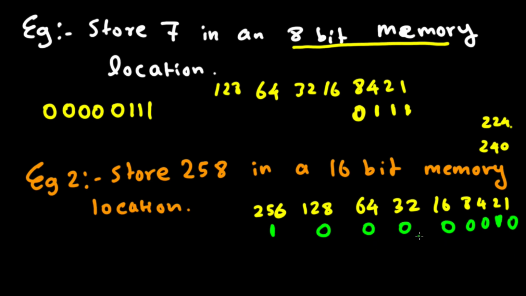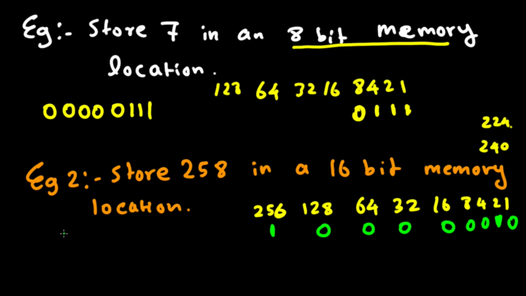Okay, so we have 4 zeros, here it's 0, 0, 1, 0, and here we have 4 zeros, 1. Totally we have how many digits? 5 here and 4 here, so totally we have 9. We need 16 total. So to do that, we have to add 7 more zeros in front of this.